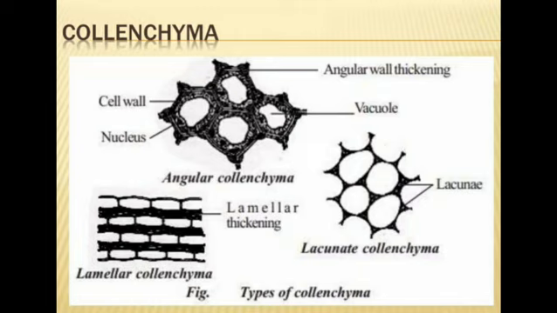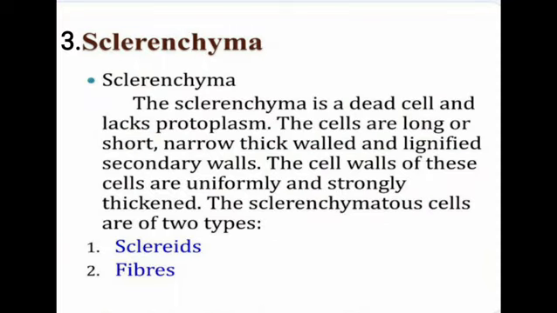Here we can see the different types of collenchyma tissues such as angular collenchyma, lamellar collenchyma and lacunar collenchyma. Sclerenchyma. The sclerenchyma is a dead cell and lacks protoplasm. The cells are long or short, narrow, thick-walled with lignified secondary walls.